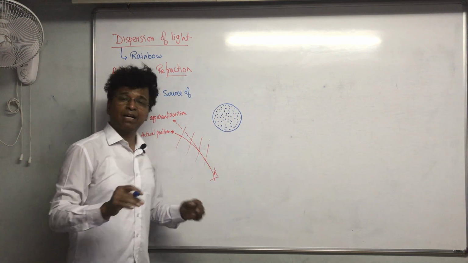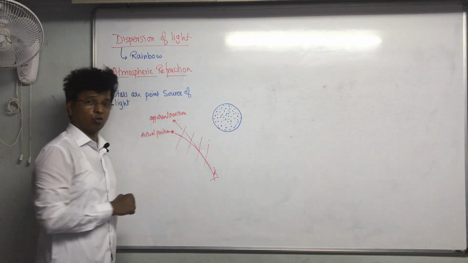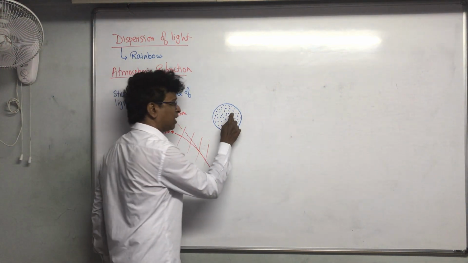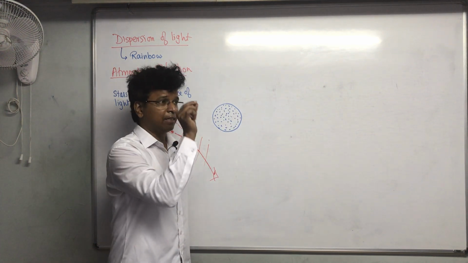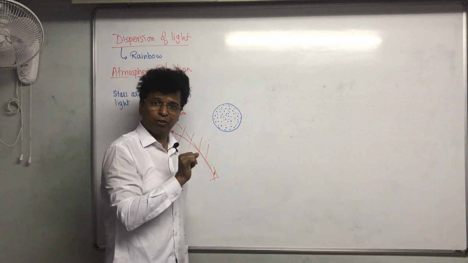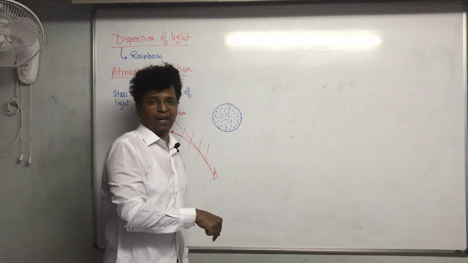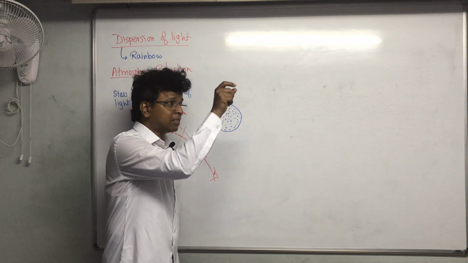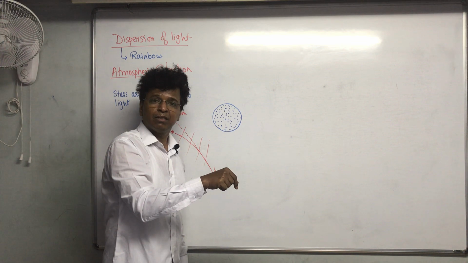Fine. So definitely, whatever is happening to the star, the point source over here, is happening with each and every point source on the moon. If I consider each point on the moon as a point source, definitely the light coming from each point is getting refracted, and definitely the intensity of the light coming from each point is changing.